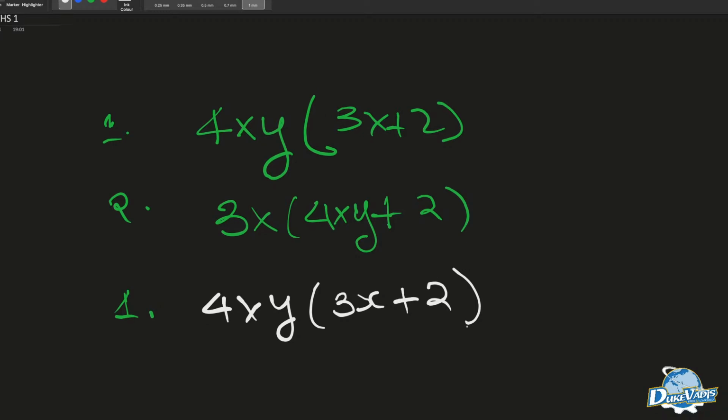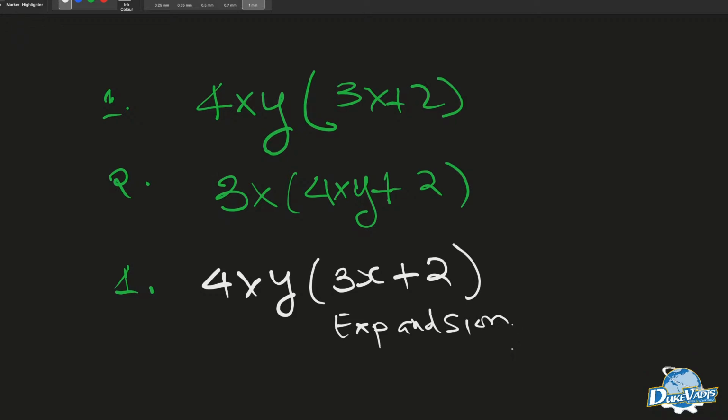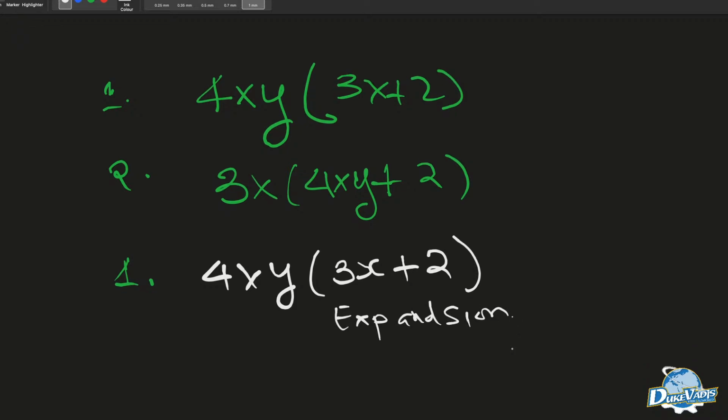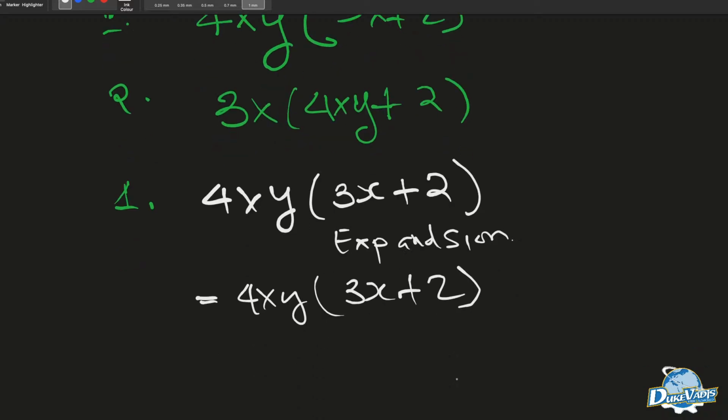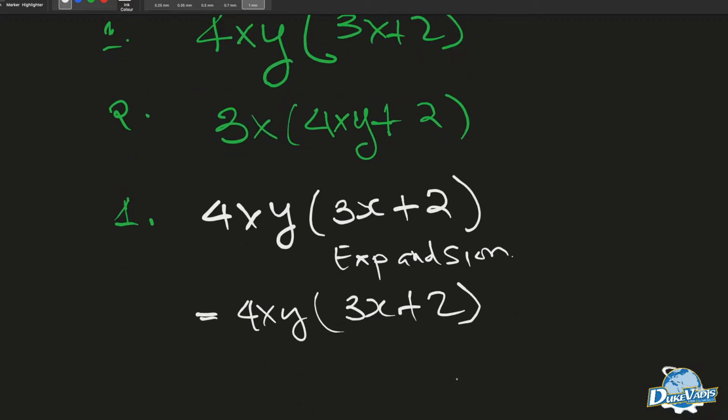The first thing we have to do is expansion. So this is our expansion. All we have seen is 4xy into bracket 3x plus 2. So we have 4xy out.